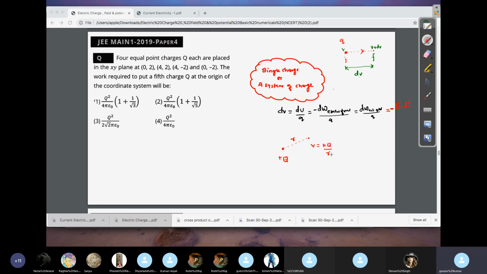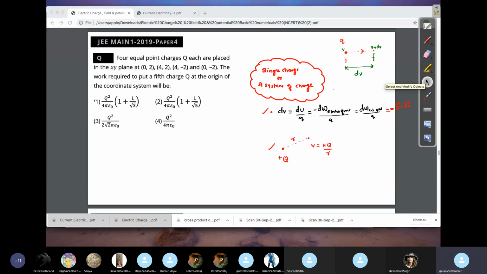Now this Q can be positive or negative, anything. So you'll see all the questions based on these concepts. If you want, you can take a screenshot. Whether you're studying this concept for boards or for JEE, this much you should know regarding potential.